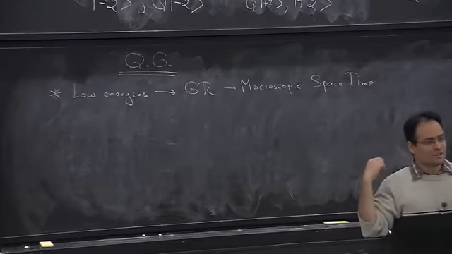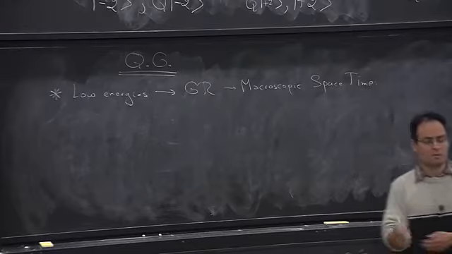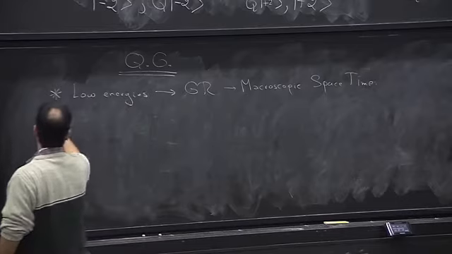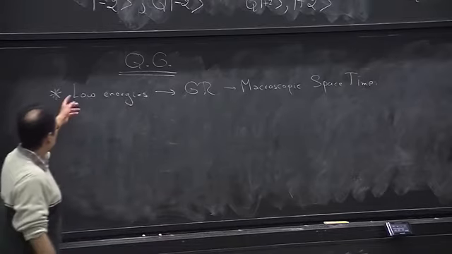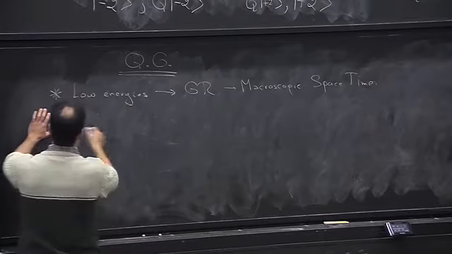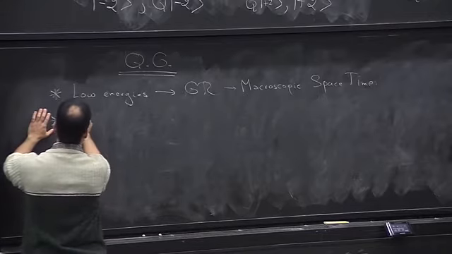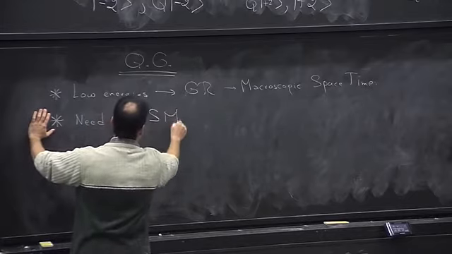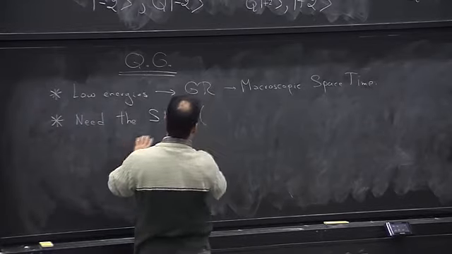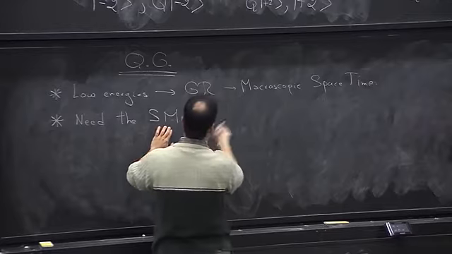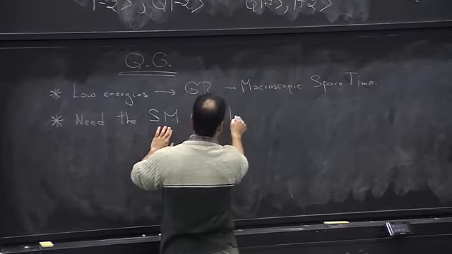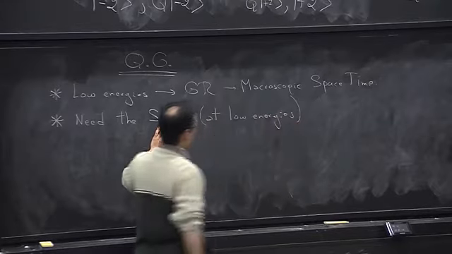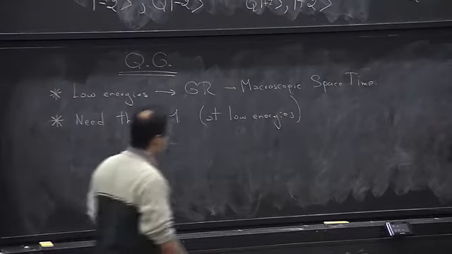You cannot imagine how hard this is in many of the approaches to quantum gravity. So this is a major requirement. And something else is that we need the standard model, or something that will reduce to the standard model at low energies. And we still need our theory to be consistent.